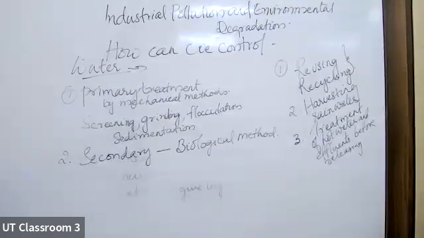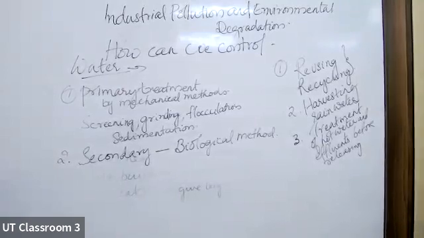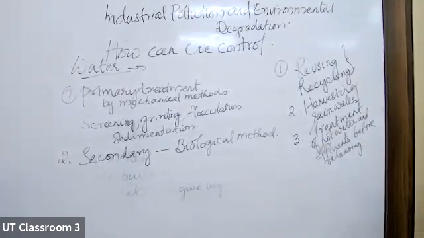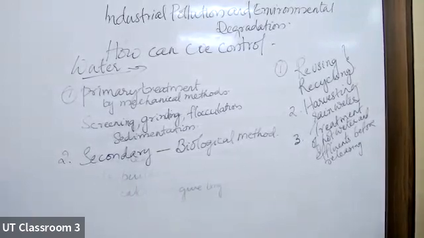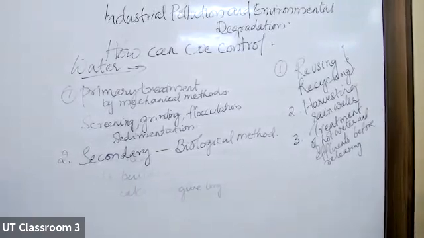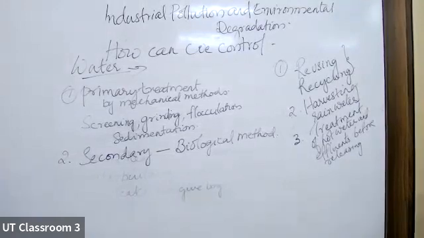Yes, ashes. In earlier times, when people were doing agriculture, they used to pile up leaves and all those things and burn them. Then these ashes used to be spread.